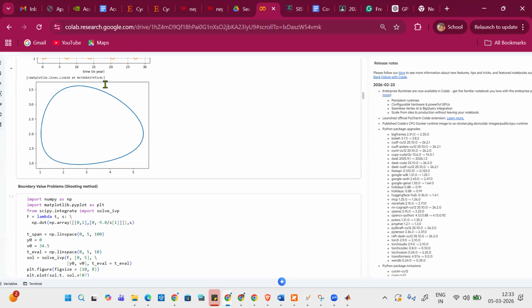And we found that the RK4 method is highly accurate, with error in the range of 10 to the minus 3, minus 4. We also saw the Python implementation of the Euler and RK4 methods. We also saw that if you have coupled equations, the RK4 method can solve those also.